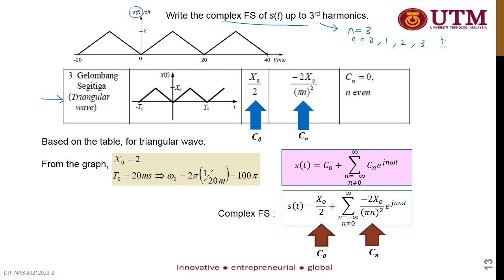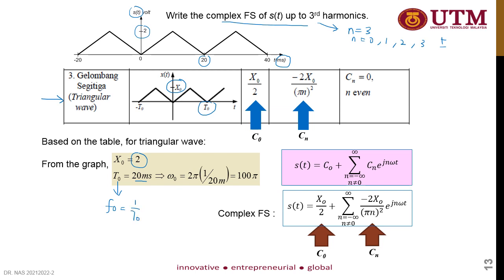So then you need to identify the parameters from the table. In this case, x0 equal to 2 volt, and your t0 is equal to 20 millisecond. From t0, you can calculate your f0 equal to 1 over t0.